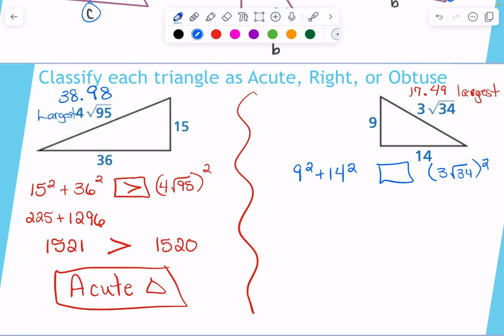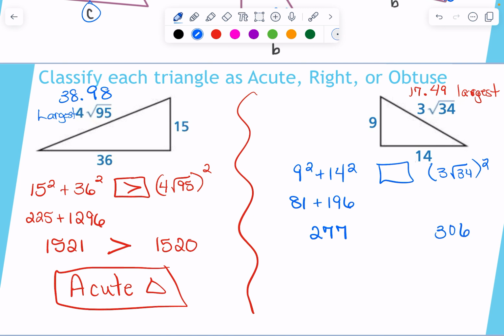Okay, so now we go through 9 squared is 81. 14 squared is 196. If I take 81 plus 196, that's going to give me 277. Then on the other side, I'm going to go 3 square root of 34 squared, and that is going to give me 306.